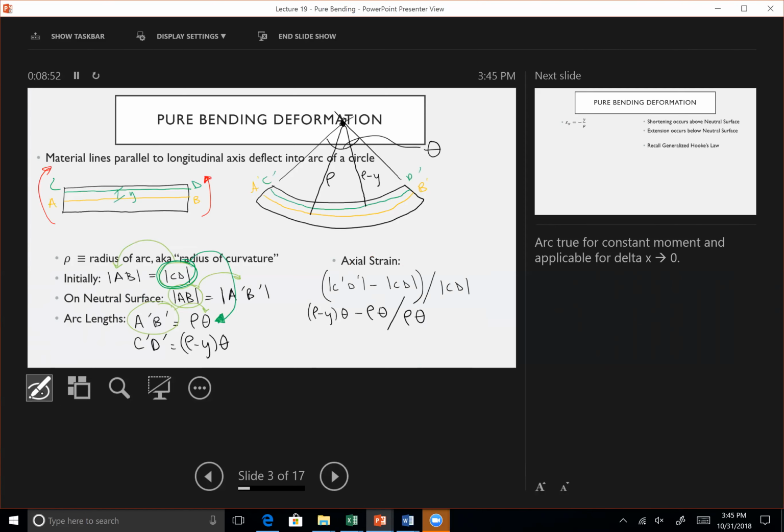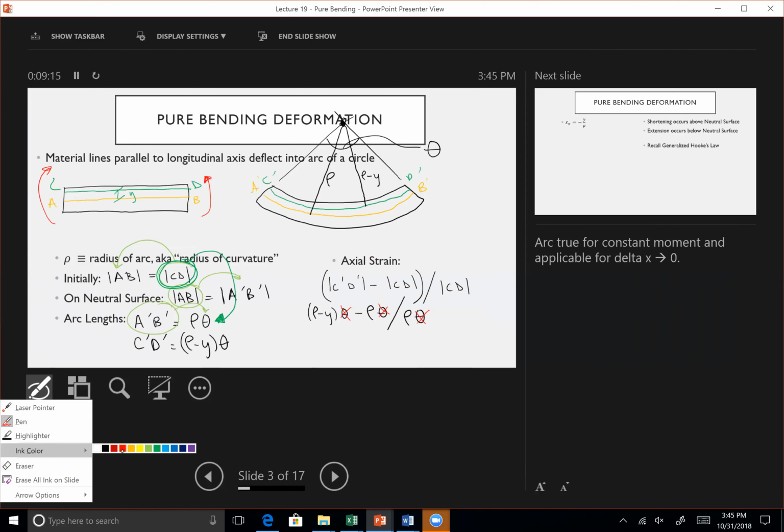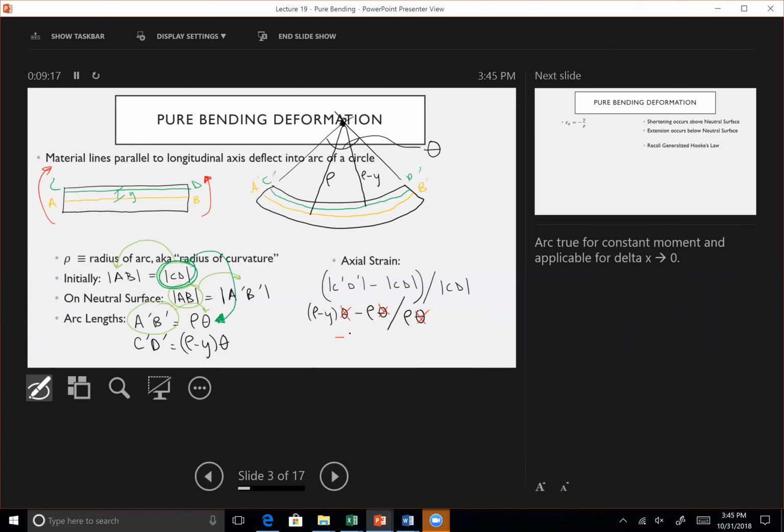So you can probably imagine that those thetas get removed from the picture. And what are we left with? Negative y over rho. So strain is equal to negative y over rho.